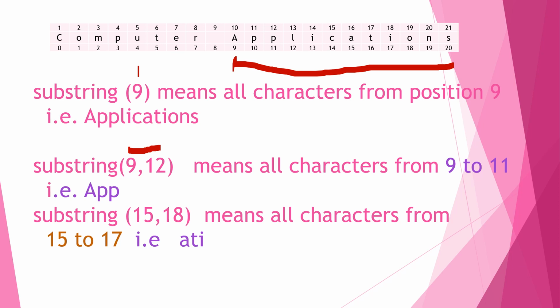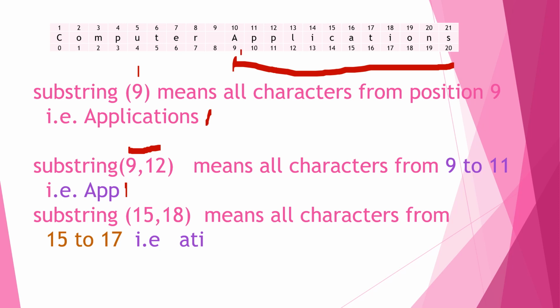So the answer will be applications. In the second variation, substring of 9 to 12, the starting number is the same, and the last number is minus 1. Last number is 12 in the question, so 12 minus 1 is 11. So characters 9, 10 and 11 will be taken, and the answer will be APP.